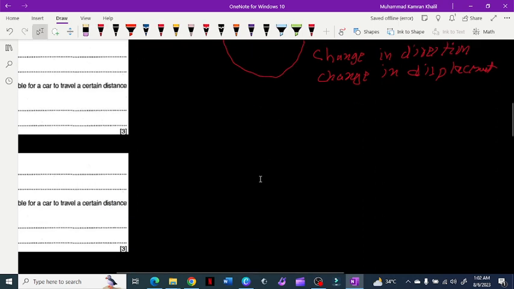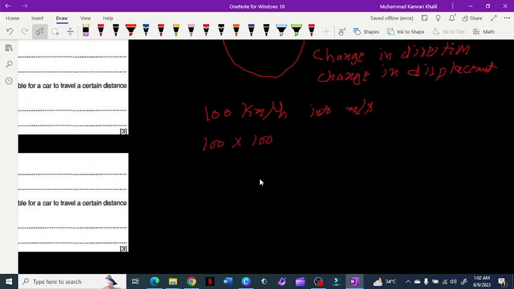Now next we will move to the conversion, which is very much important. He will say convert 100 kilometer per hour into meter per second. So 100 multiplied by 1000 divided by 3600. Or simply what you can do, whatever the value is given, divide it by 3.6, you will get the same answer.